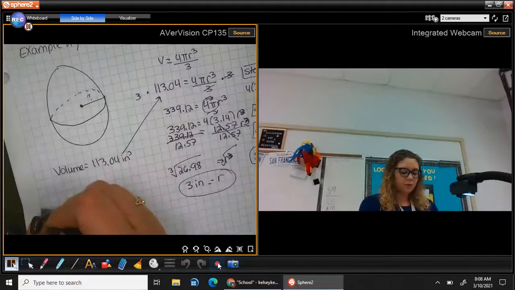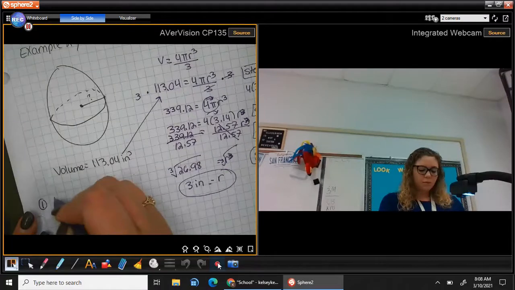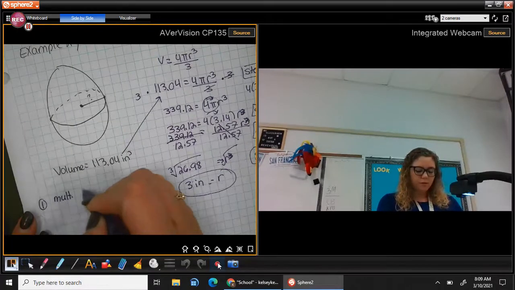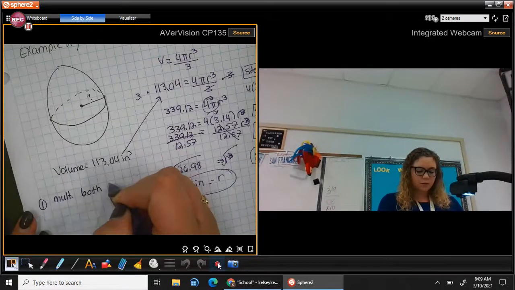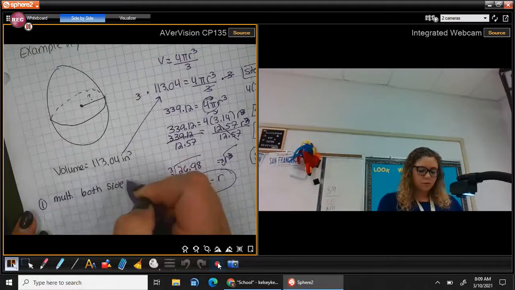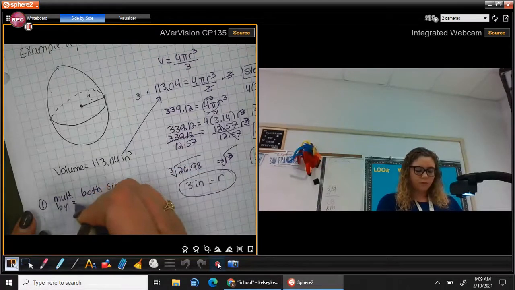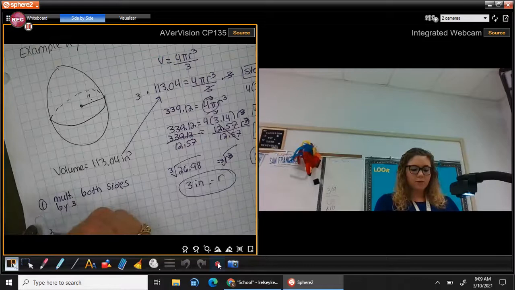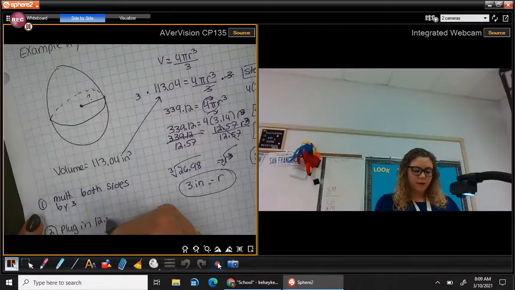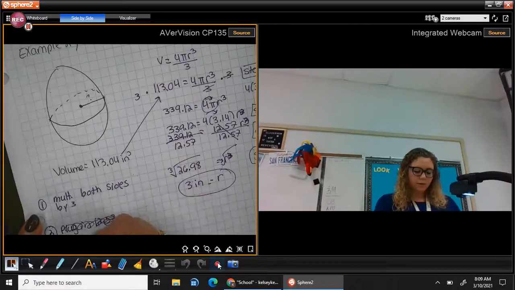Okay, step 2, plug in 12.57, well, multiply 4 times pi. Okay, and that's going to give you 12.57.